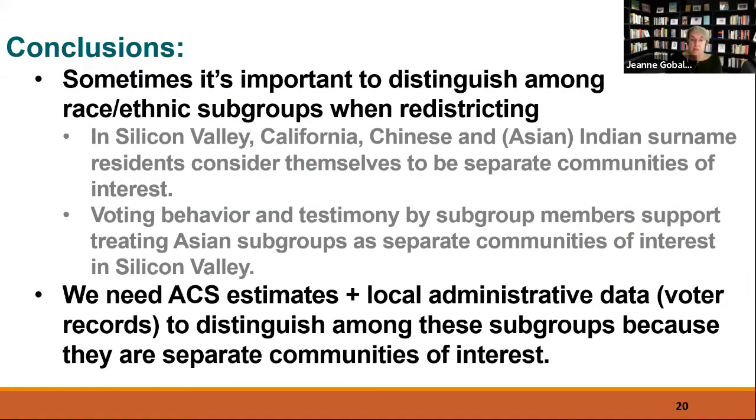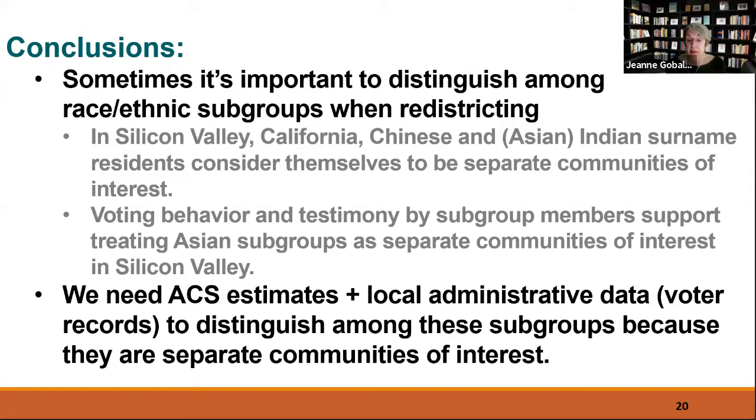In conclusion, political redistricting work is quite complicated, and the longer we've done it, the more complicated it's gotten. We found increasingly it's important to distinguish among race and ethnic subgroups when redistricting.